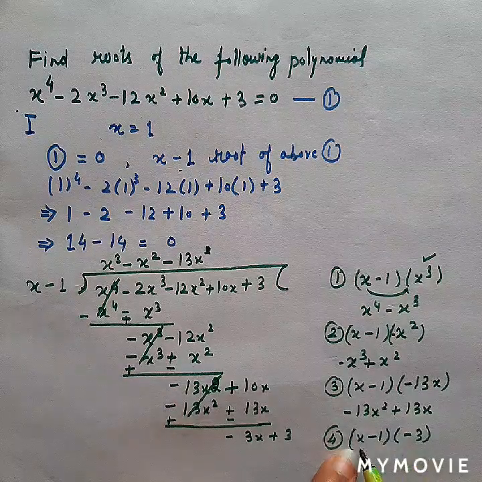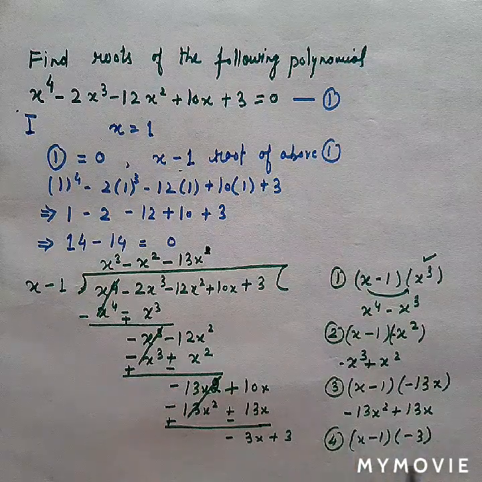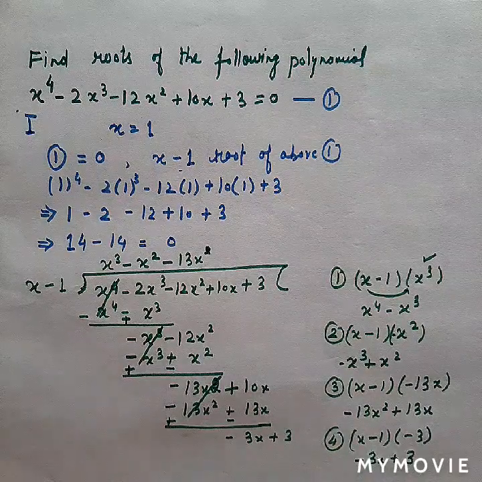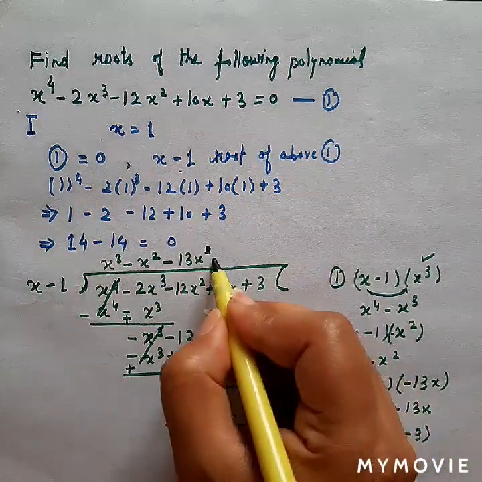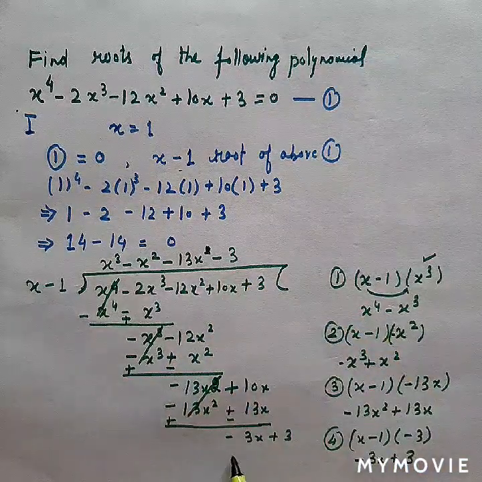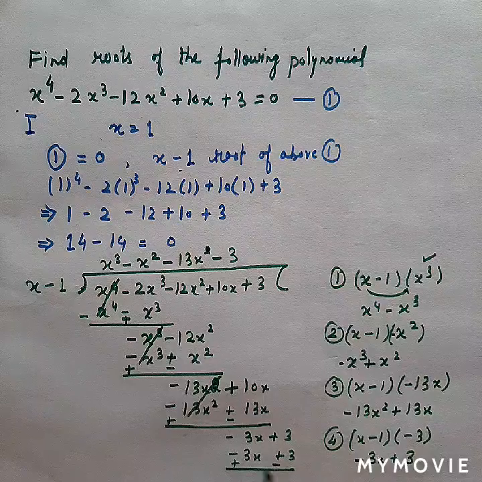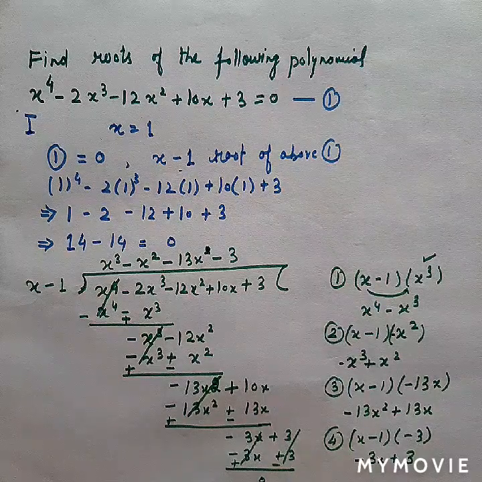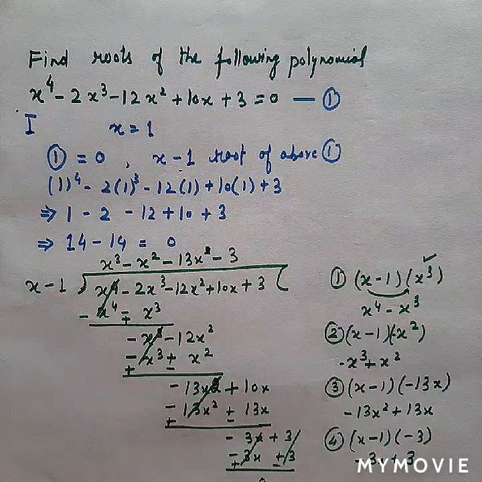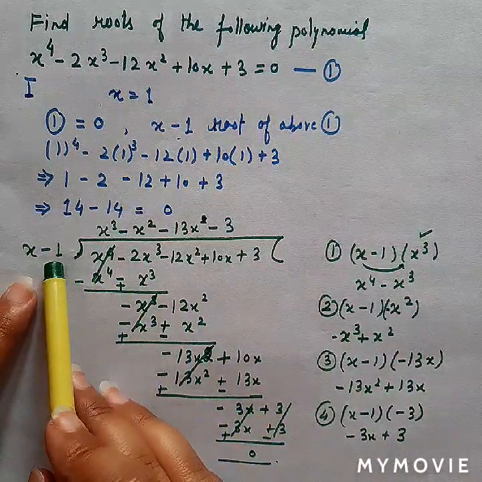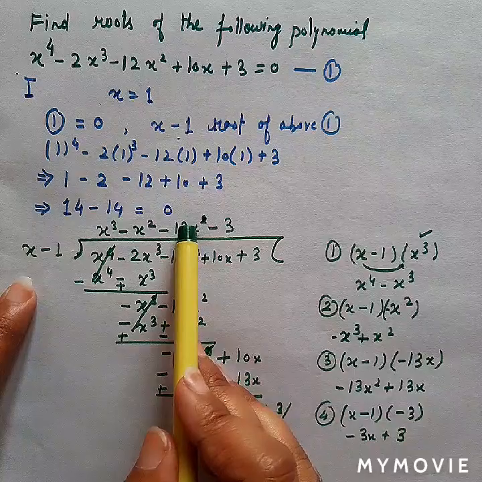So what will happen, minus 3 into x will be equal to minus 3x, minus minus plus 3. So our quotient would be minus 3 simply, and I'll get 3x over here plus 3, change signs and cancel out, 0. So I am left with this: the polynomial is equal to x minus 1 multiplied by the quotient, right?